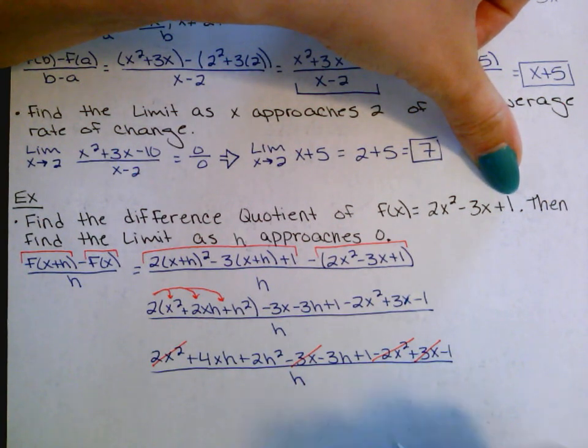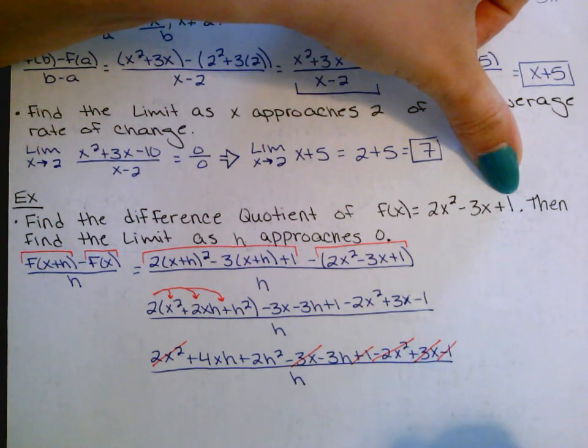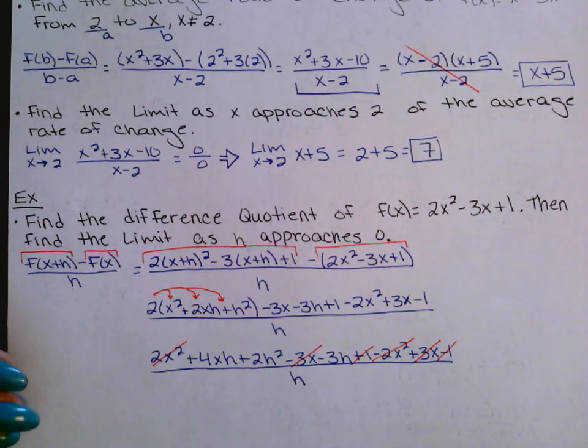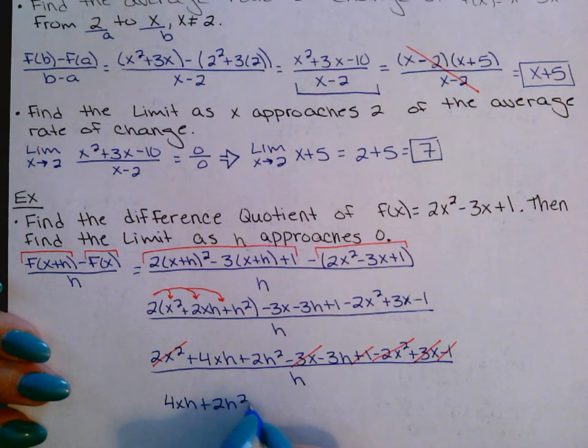And if there's a positive 1, you should have a positive 1 and a negative 1 to clean out. So let's keep going. I have 4xh plus 2h squared minus 3h over h.